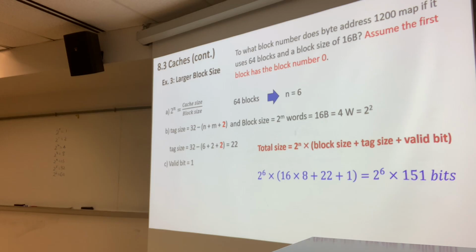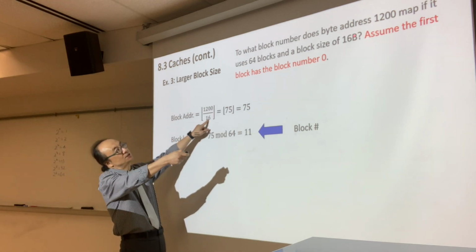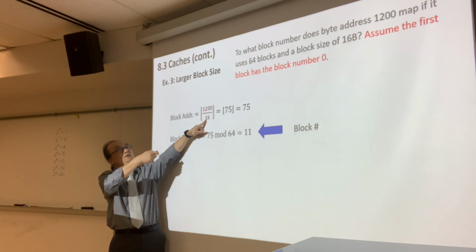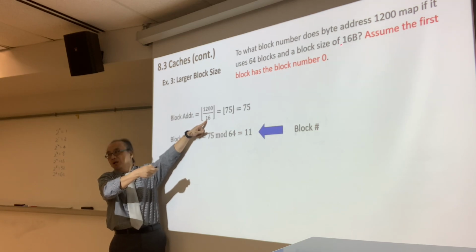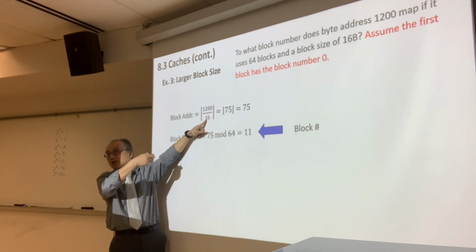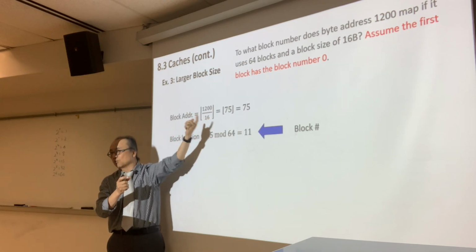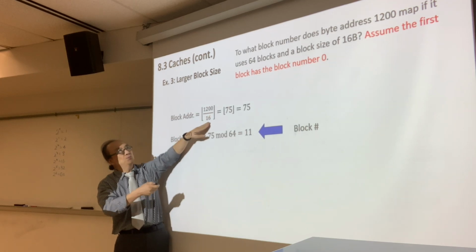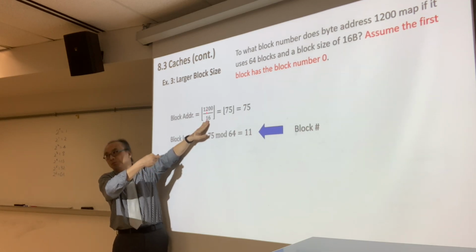So now we have byte address 1200, and we have 16 bytes as the block size. I'm going to divide 1200, the byte address, by 16. Why 16? Because that's the block size, so that I can get to that block. The first thing we want to find out is which block 1200 is in. Each block is 16 bytes, and this is the byte address.